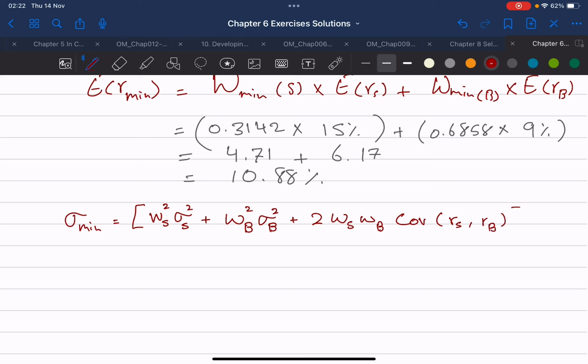Okay, and all of this will be to the power of 1/2. So basically we'll take the square root of this. All right, now let's substitute.